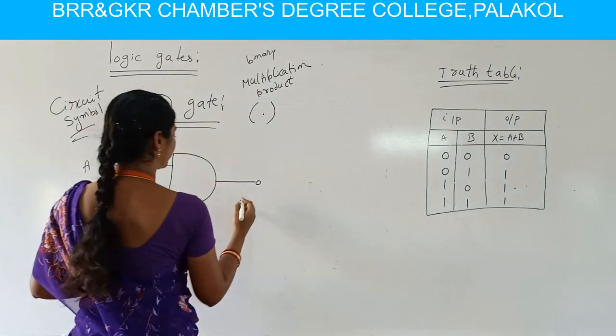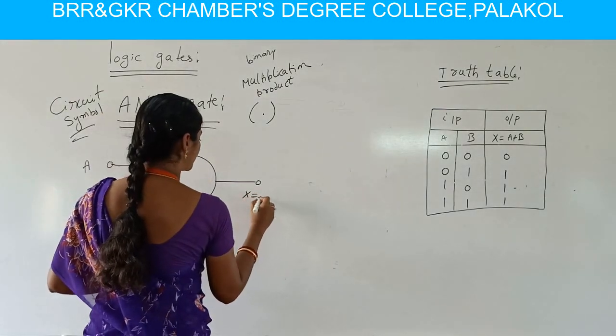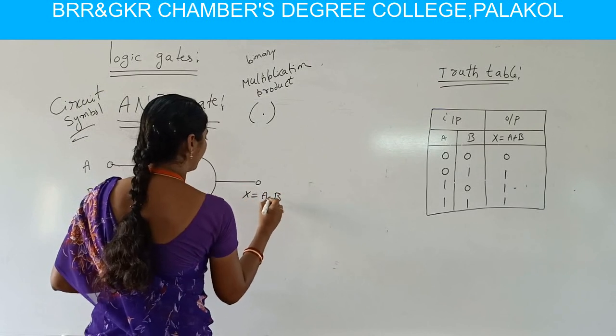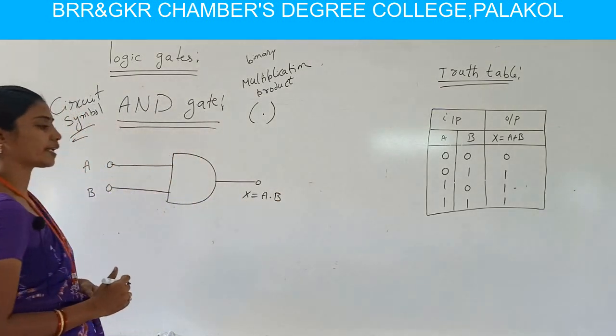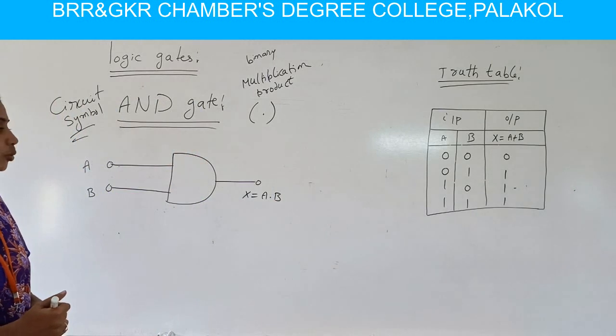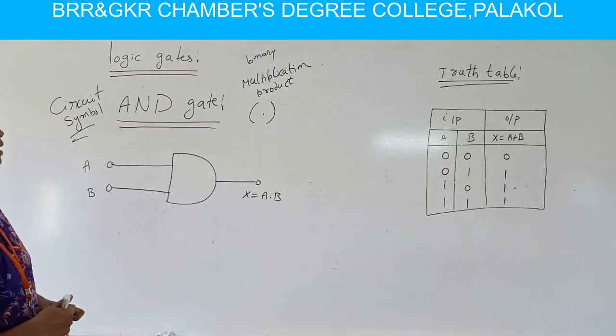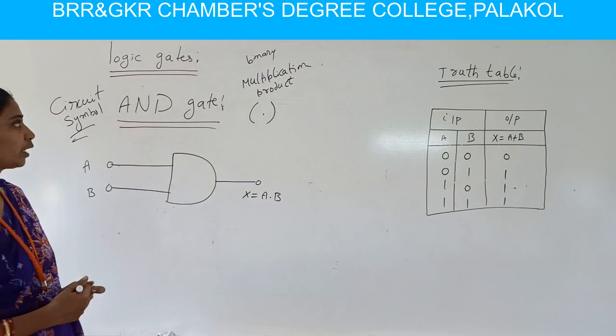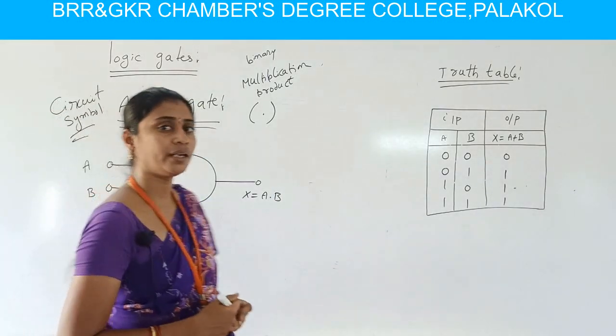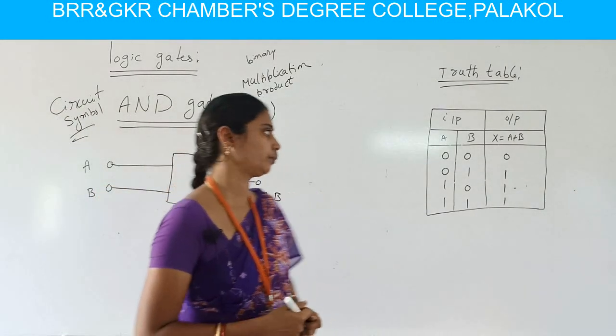So A and B are the two variables. We have the output, which is a binary multiplication, the product of the two variables: x equals A dot B. This is the circuit symbol for the AND gate. The AND gate does the binary multiplication process.